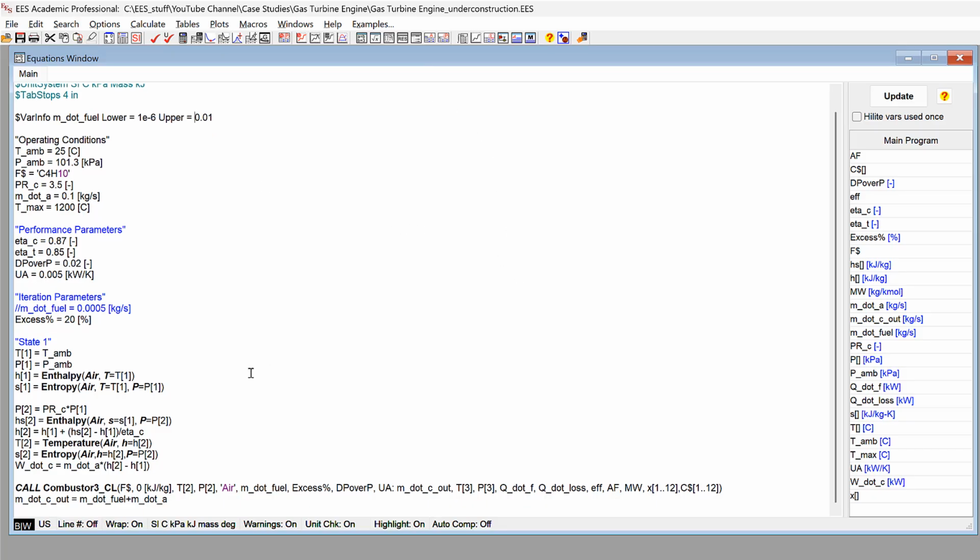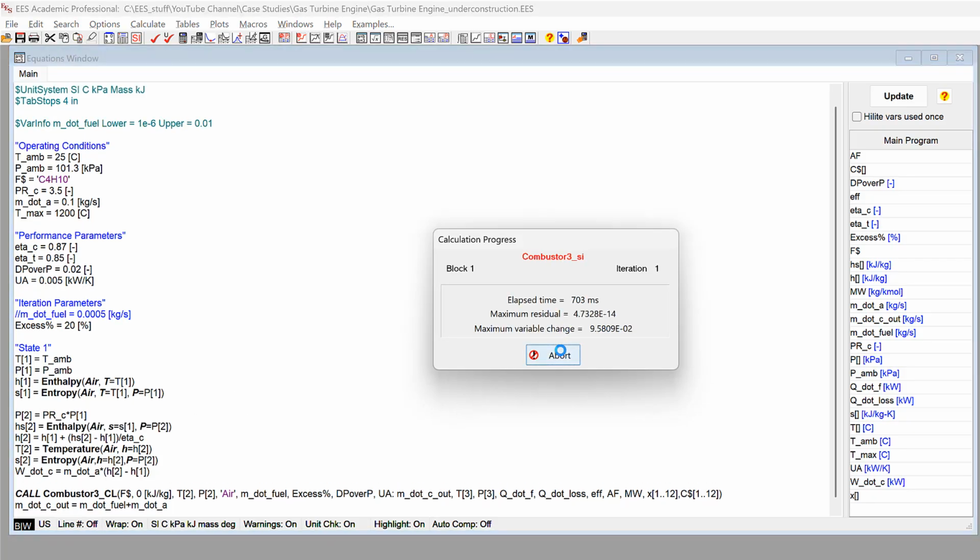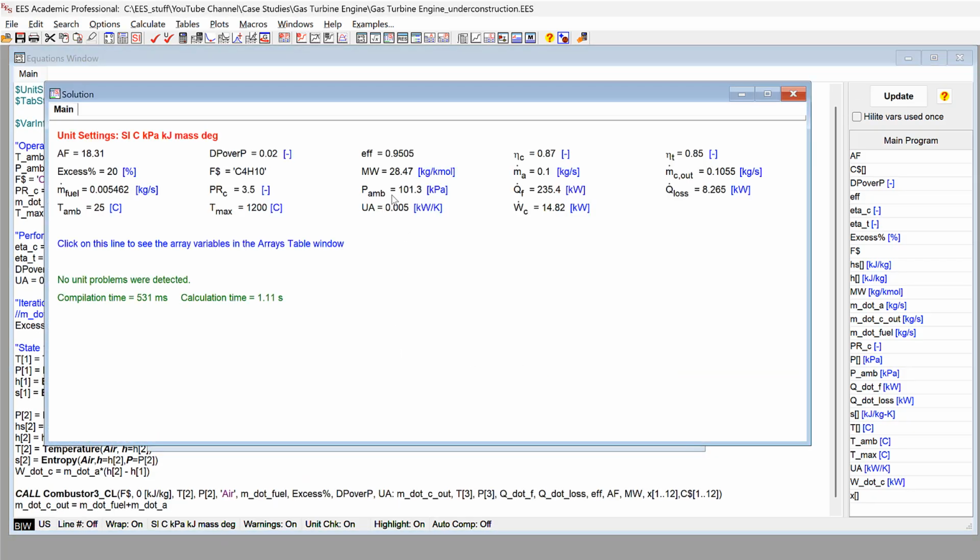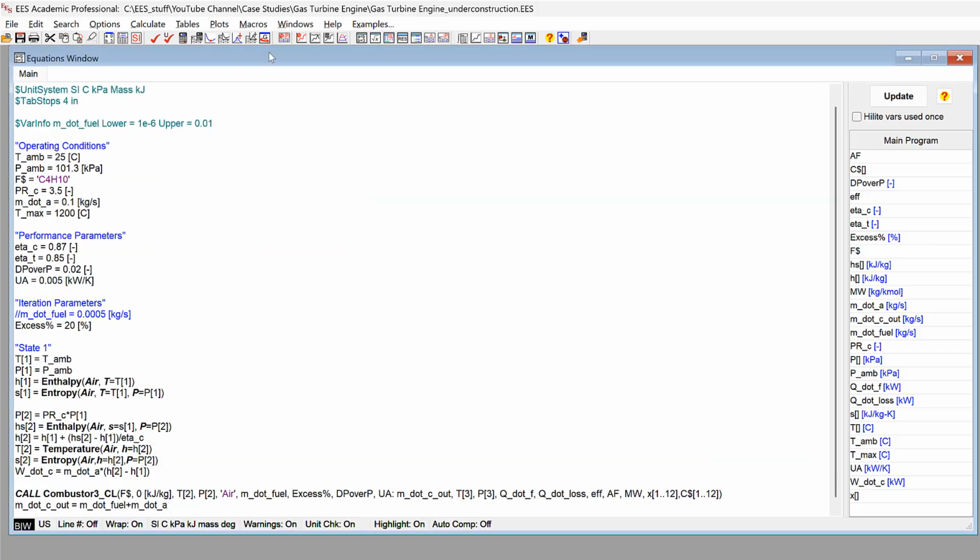So that's probably a good region to search in. And hopefully if I solve now, it will pretty quickly tell me the right mass flow rate of fuel is 5.46 grams per second. So that's my first iteration closed up.